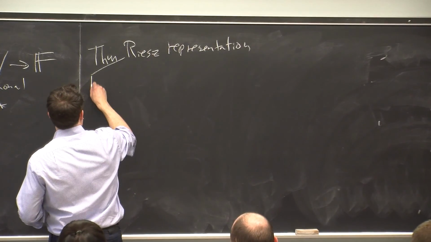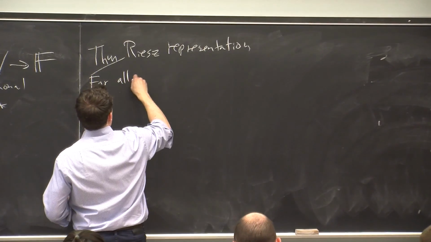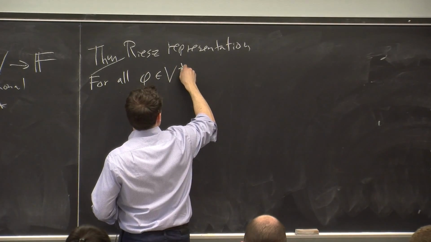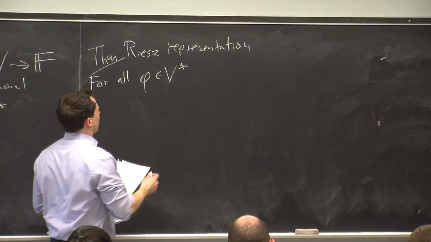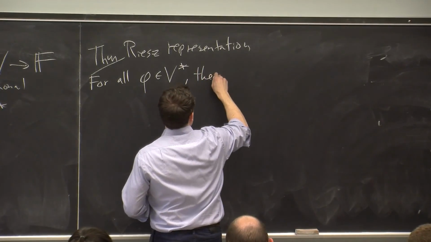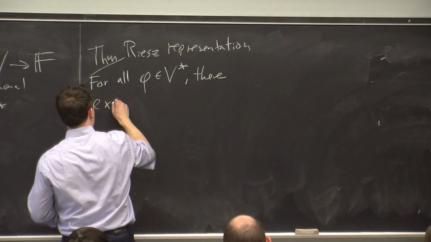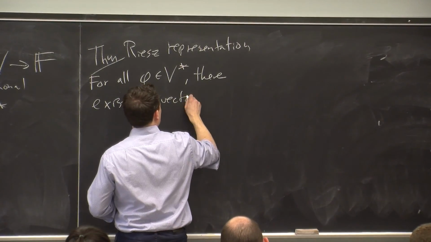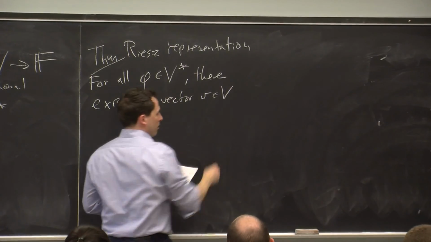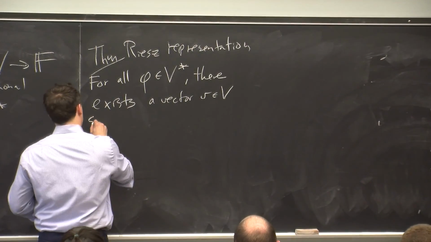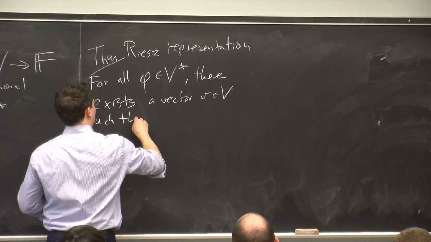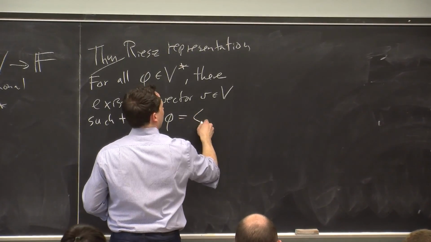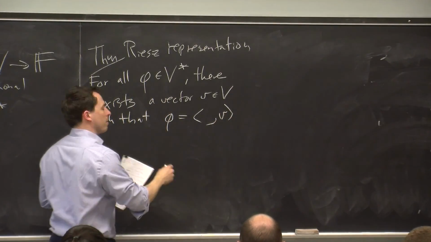And what it says is this: for all linear functionals, which I'll write phi, in V star, there exists a vector v in ordinary V such that phi is equal to this function, inner product with v.